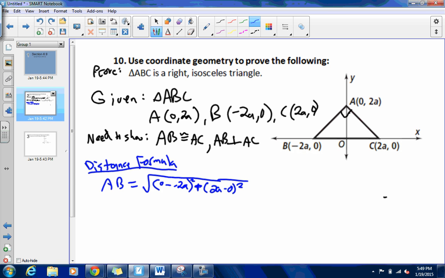That gets us to the square root of, let's simplify some things inside. Two negatives together make a plus, and if we square 2a, that's 2a times 2a, which is 4a squared. And this would be 2a minus 0, which is 2a, so same thing, plus 4a squared.